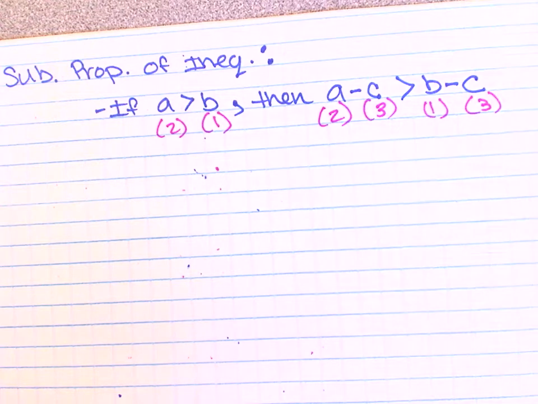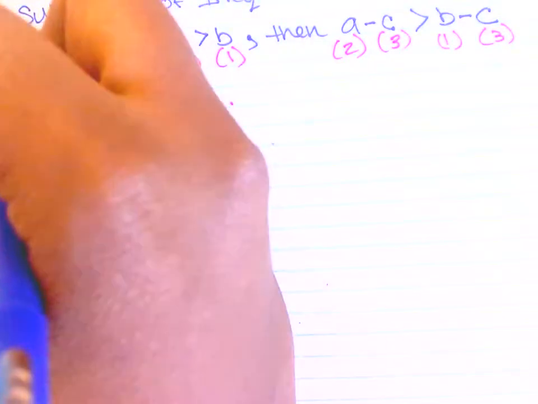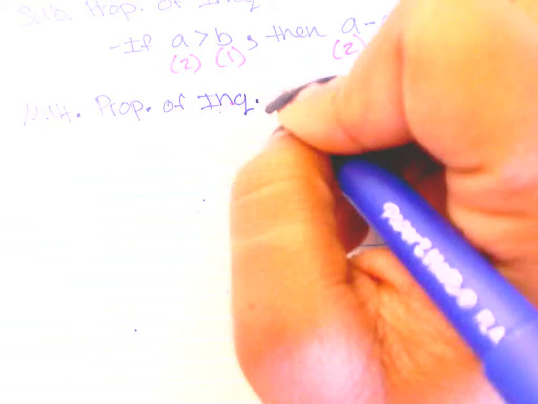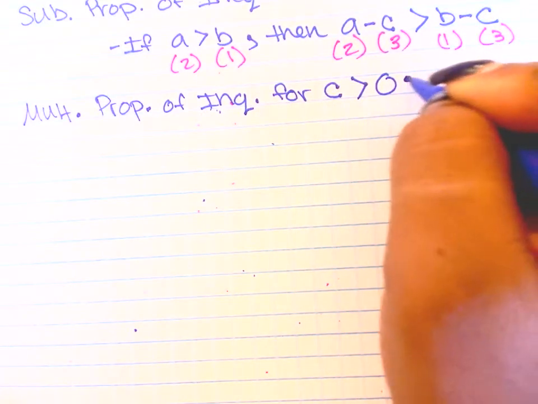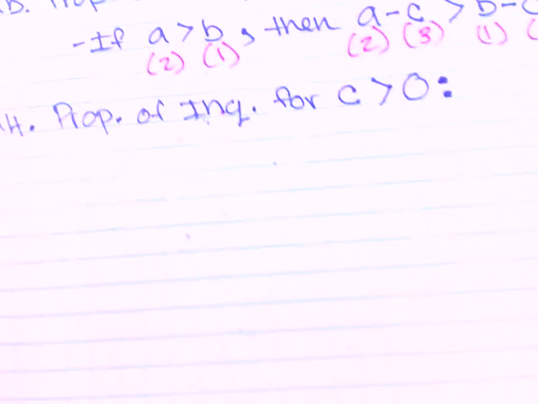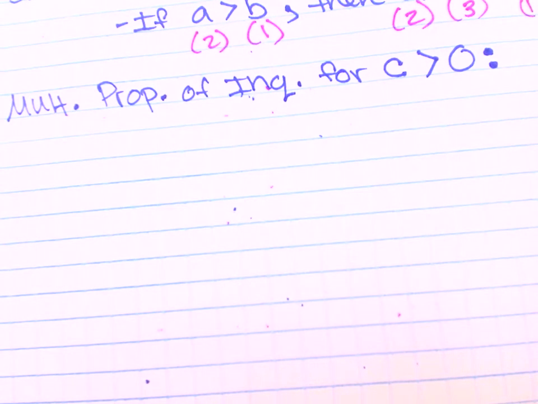Okay. The next property is called the multiplication, so I'm just going to put mult for short, property, prop, of inequalities for when C is greater than 0. Multiplication property of inequalities when C is greater than 0.